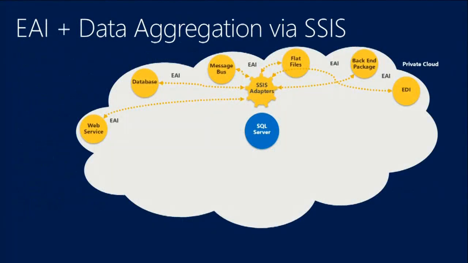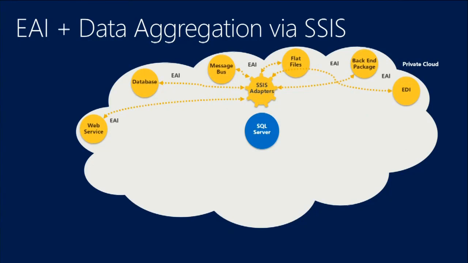Here's a visual representation of what we've talked about so far. As I go through the session, I'm going to slowly build out this picture inside a private cloud, but this could be in your data center. You probably noticed, about a month ago, we launched infrastructure services with Azure.